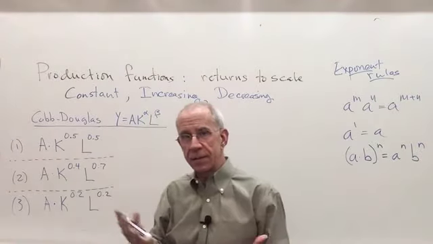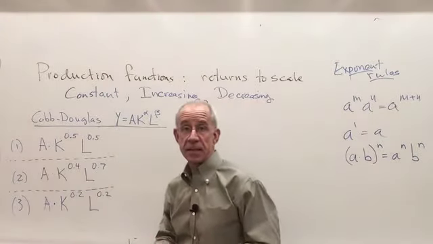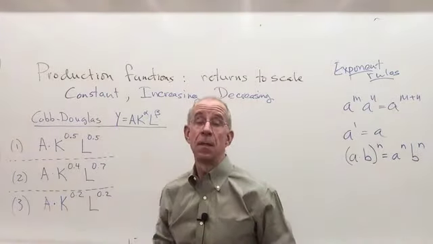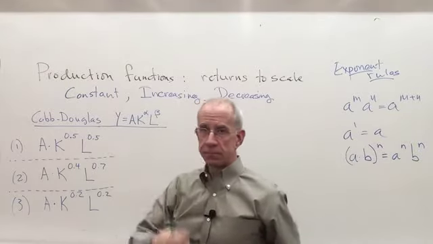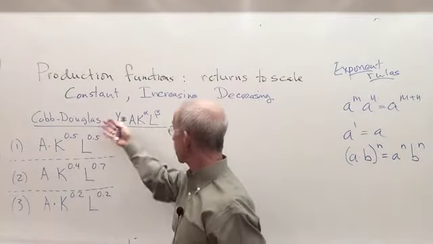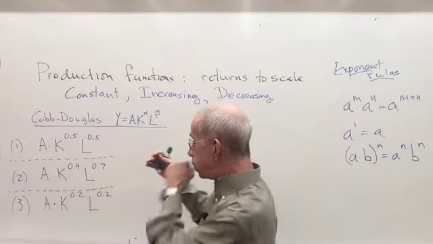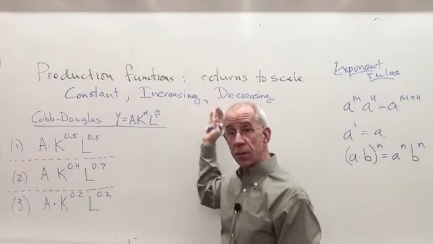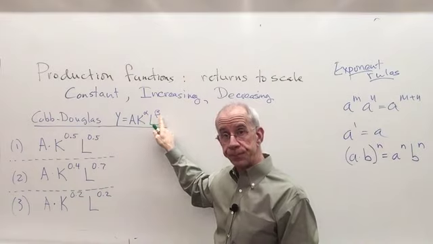Now, you're not going to really use these in an explicit sense in terms of calculating the output in many classes at all, but I want you to understand how the Cobb Douglas production function can be interpreted in terms of constant or increasing returns to scale depending on the value of alpha and beta.